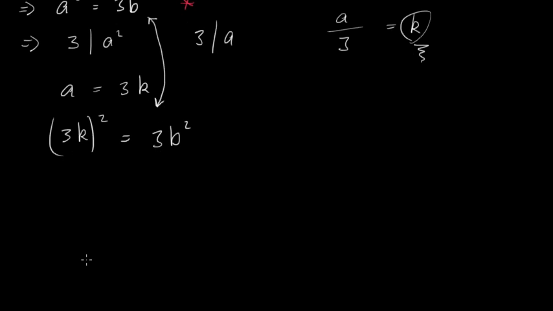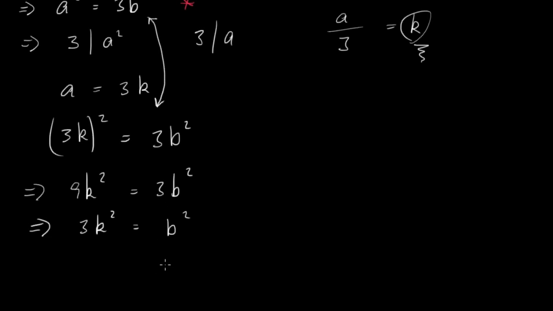If I just multiply this out, I get 9k squared is equal to 3b squared. It's 3 squared and k squared here. Here only the b is squared. The 3 is not squared here. So let's just divide across by 3. 9 divided by 3 is 3, so I get 3k squared. And dividing this side by 3, I just get b squared. The 3 divided by 3 gives me 1, so the 1 is here if you like.